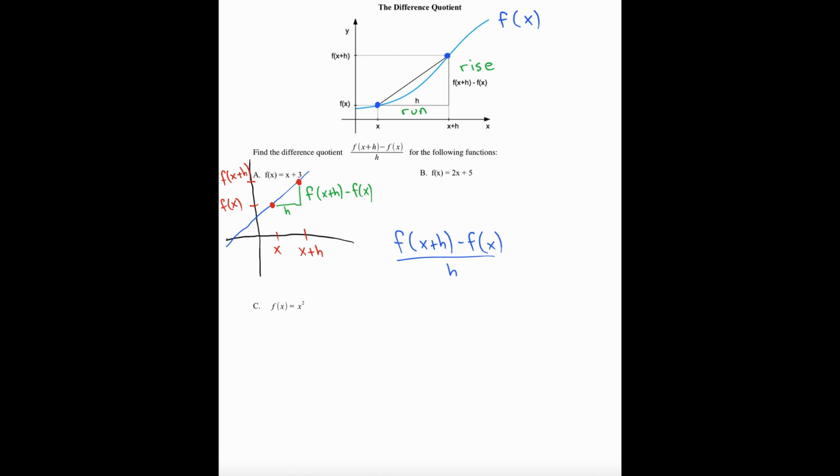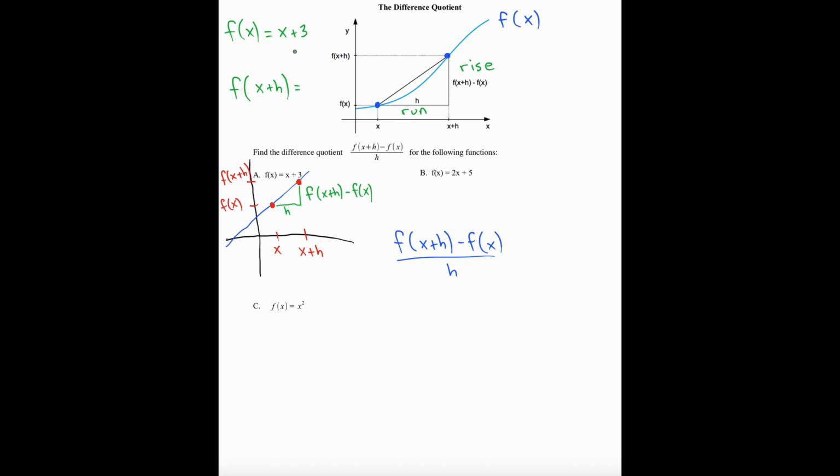So maybe before we even start to plug in here, let's just on this side, just remind ourselves that if we have f of x equal to x plus 3, then what would be f of x plus h? Just so that we have that written down on the side so that we can substitute it in.